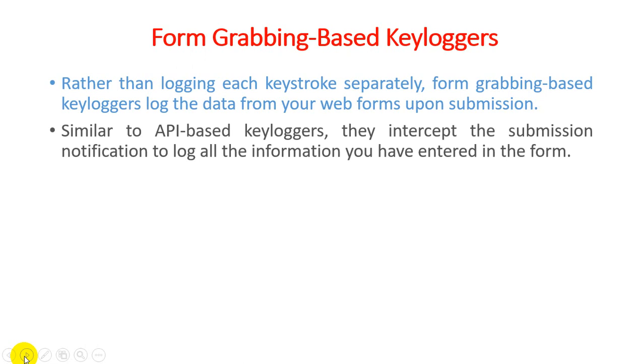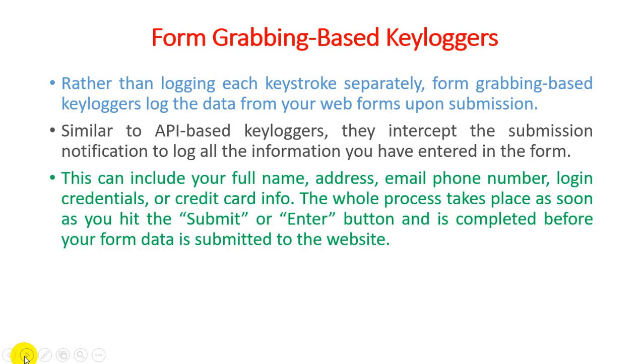Similar to API based keyloggers, they intercept the submission notifications to log all the information you have entered in the particular form. As we know, with the help of a keylogger, unauthorized users get our keystrokes and get information through the remote system. This can include your full name, address, email, phone numbers, login credentials, or credit card information.